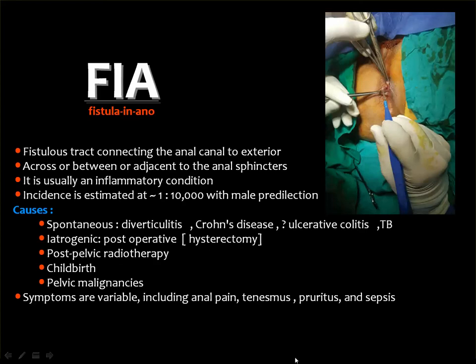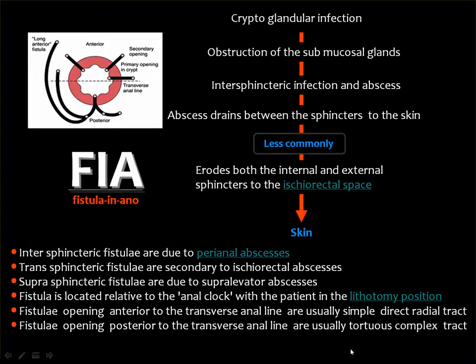The symptoms are variable and they include pain, tenesmus, pruritus, and sepsis. And this is the accepted theory for the formation of the anal fistula, which says that there is infection of the glandular tissue, which is located between the internal and external anal sphincters.